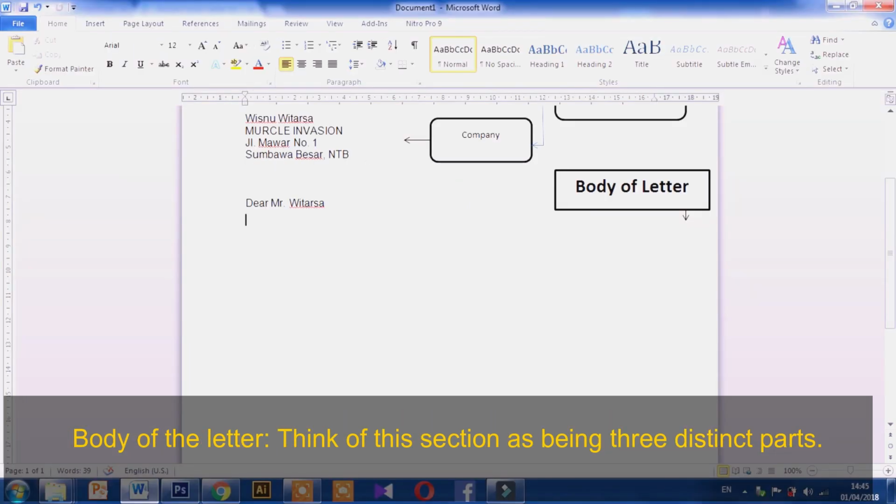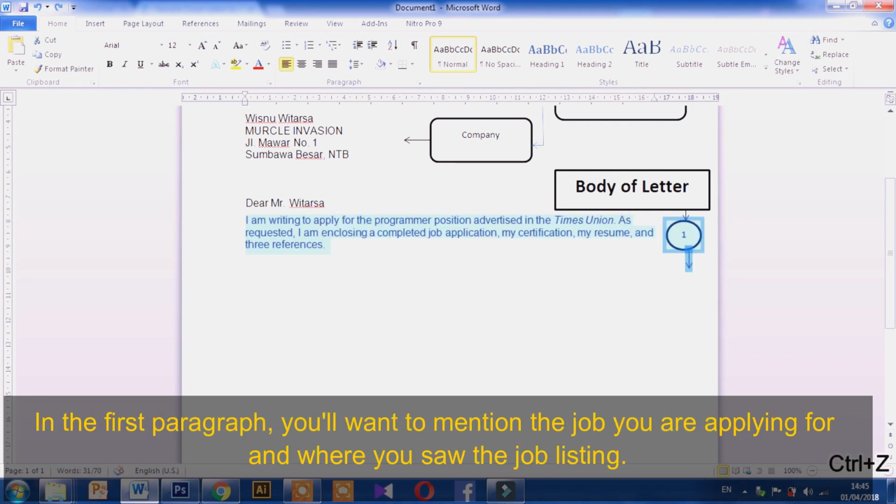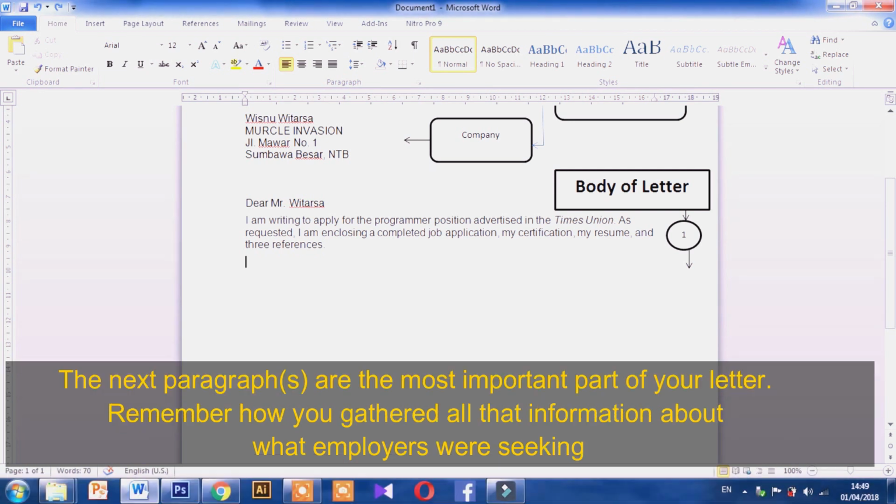Third one, body of letter. Think of this section as being 3 distinct parts. In the first paragraph, you'll want to mention the job you are applying for and where you saw the job listing. The next paragraphs are the most important part of your letter.